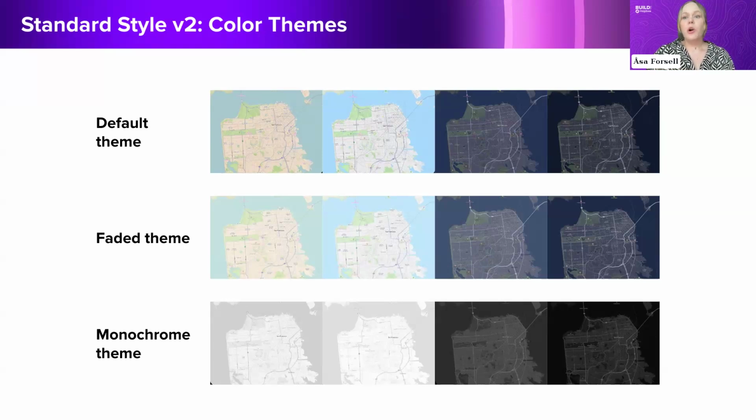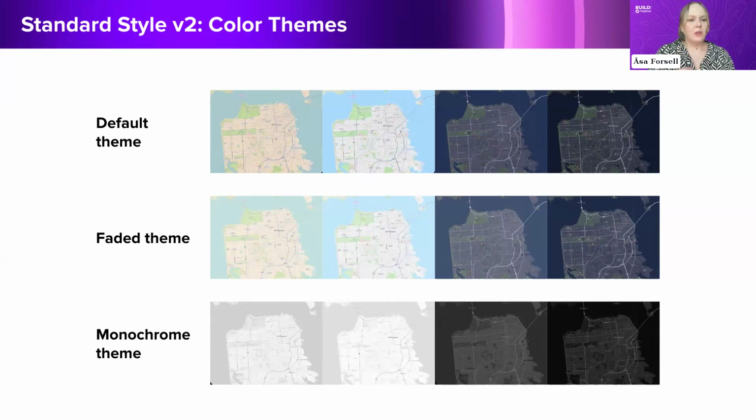We released new color themes, which are color configuration options that work with the existing lighting presets that we have: day, night, dawn, and dusk. You can now complement that with two new themes, the faded theme and the monochrome theme. Both provide more aesthetic flexibility, and they are especially useful when you are using standard style for data visualization or with extensive custom data layers.